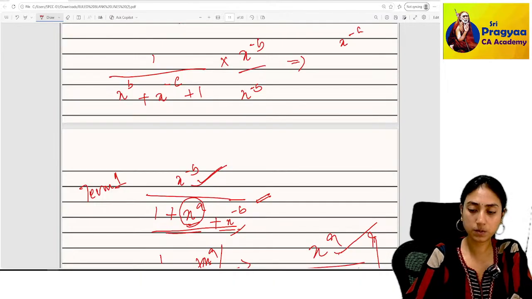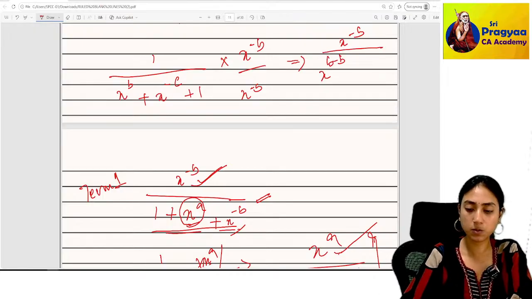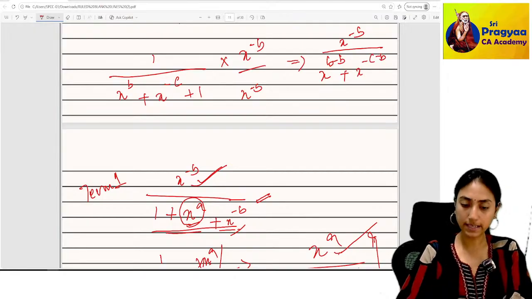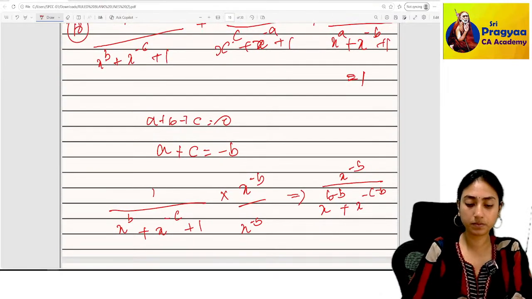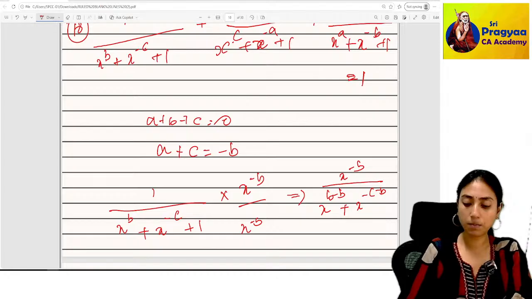All minus b divided by x bar minus b plus b minus b வருமா? Plus minus c minus b. ஓகேவா? minus c minus b னா என்ன வரும்? அப்போ வெறும் a தானே. a is equal to minus b minus c.